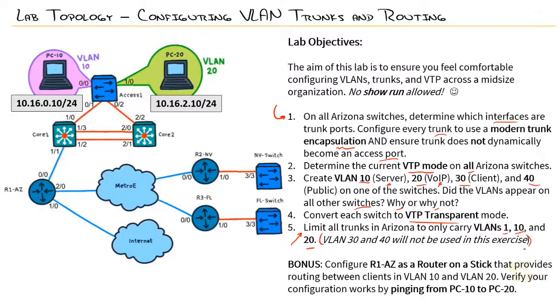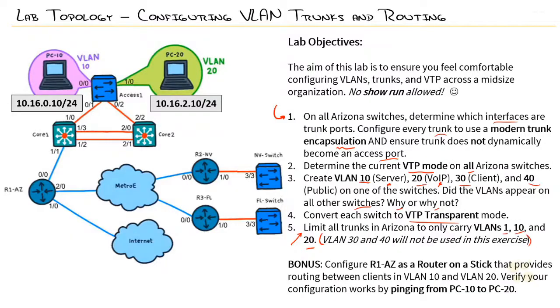All right, so that is the VLAN trunking lab. Now, in one of the VLAN skills that I was walking through, I kind of just went for it. I went beyond base VLANs, I went beyond base trunking, and I set up a router on a stick. So if you're feeling comfortable and you just want some bonus exercise time, I actually added the router in Arizona as one of the available devices.